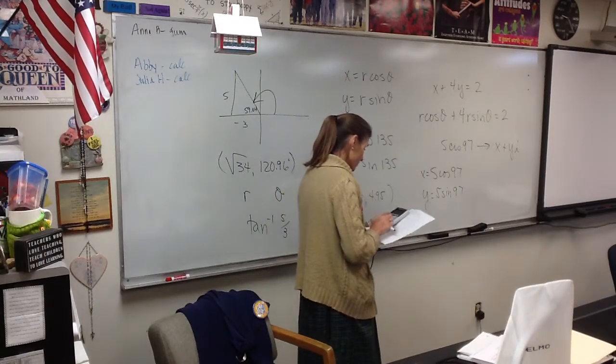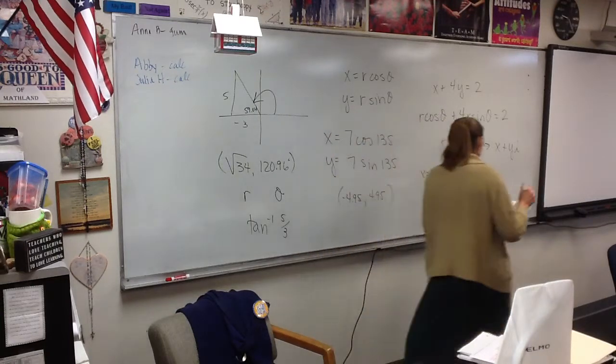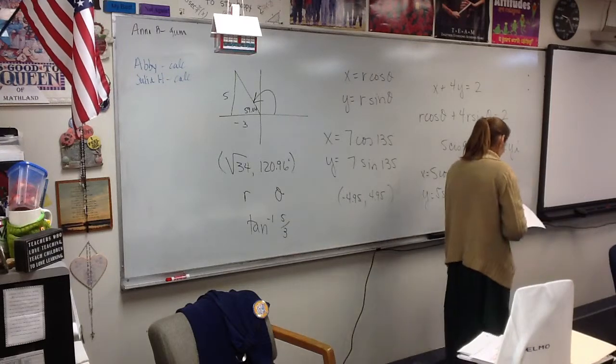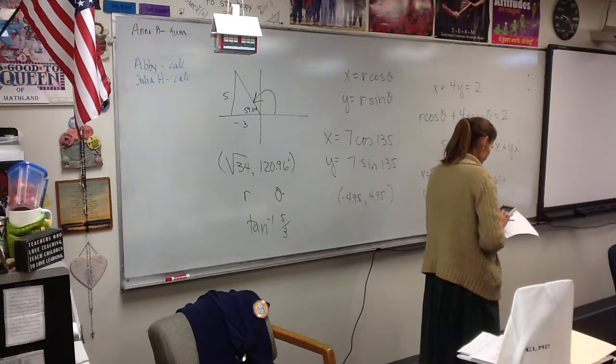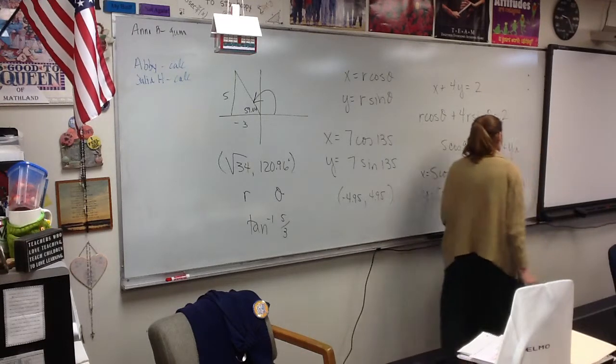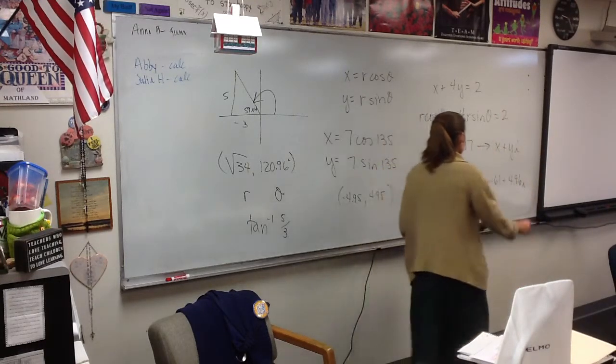So 5 cosine 97 is negative 0.61. 5 sine 97 is 4.96. Here's your answer.